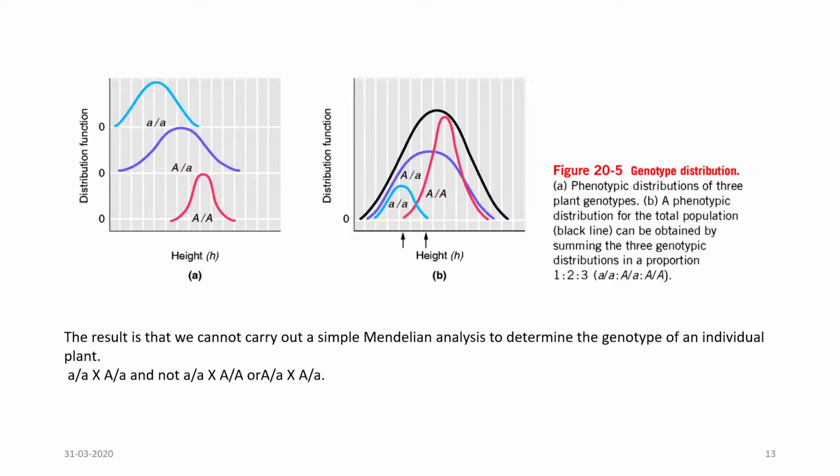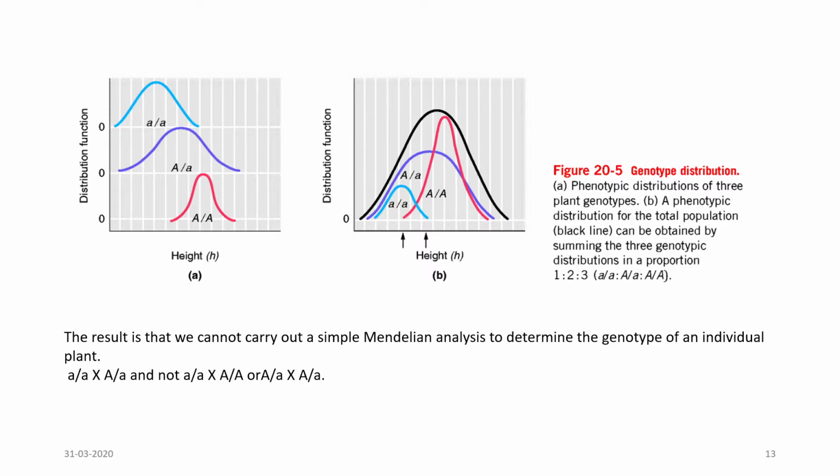So we'll take one more example where we have three genotypes: homozygous dominant, homozygous recessive, and heterozygous. As expected, homozygous dominant plants are taller, homozygous recessive plants are shorter, and heterozygous plants are intermediate in the population.